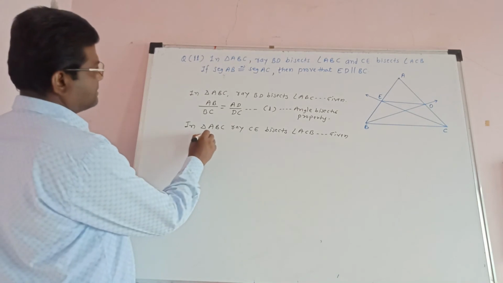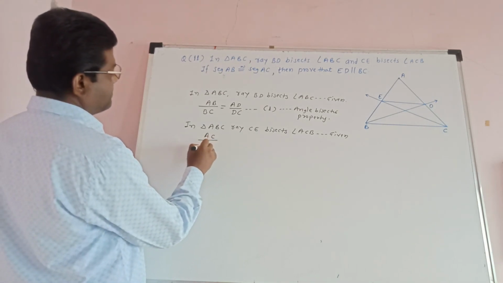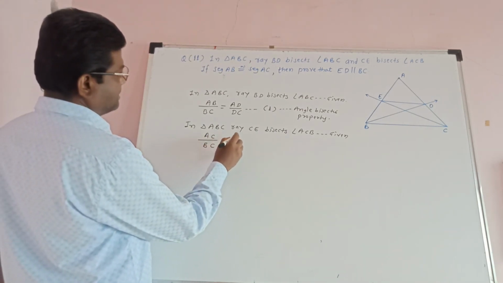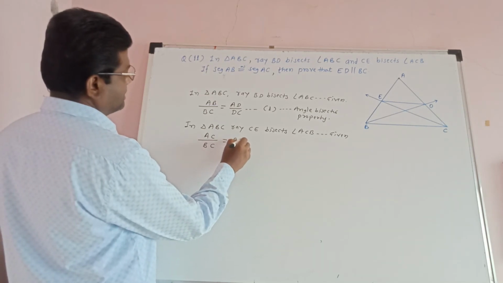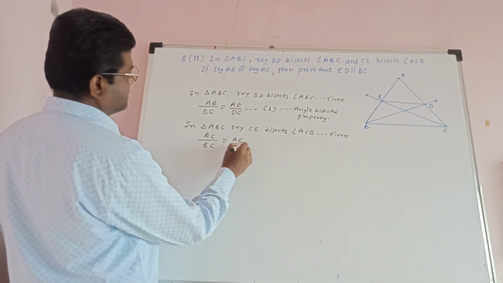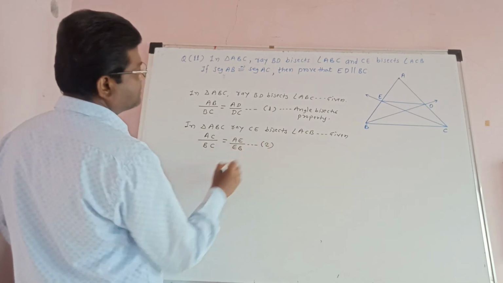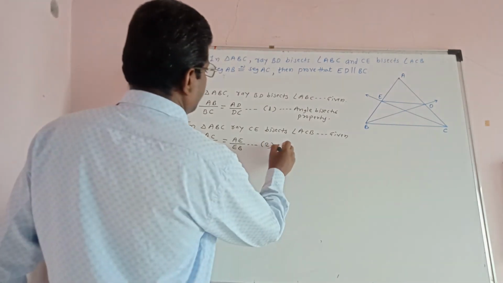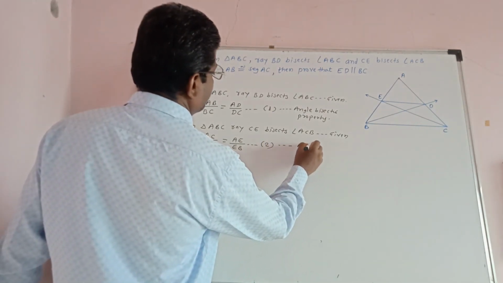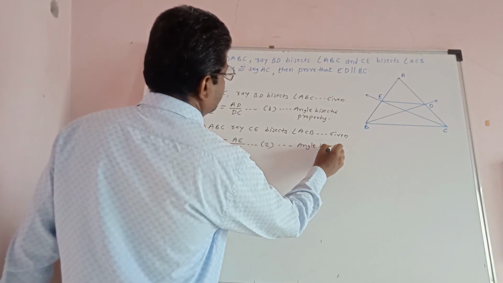So we write AC upon BC is equal to AE upon EB. This is equation number 2, and reason is also angle bisector property.